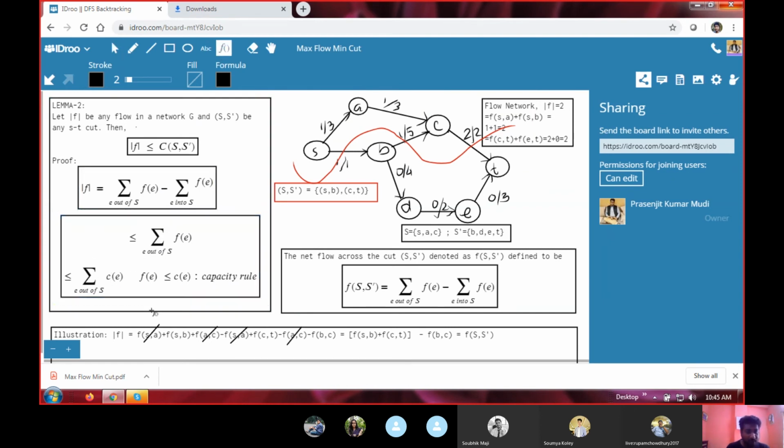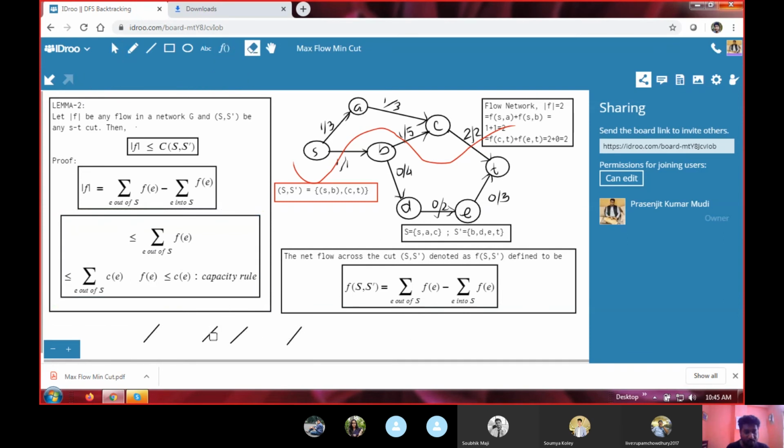Right. So next, in the next line, what we can write is that mod f is less than or equal to the summation of Ce over e out of S. Okay. So the edges which are coming out of S are the edges belonging to the cut, and the summation of the capacities of the edges in the cut is actually the cut capacity, which is equal to capital C of S comma S prime.